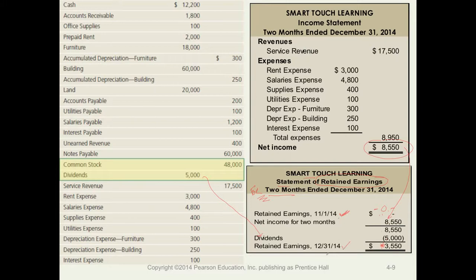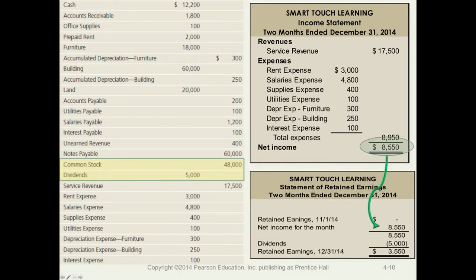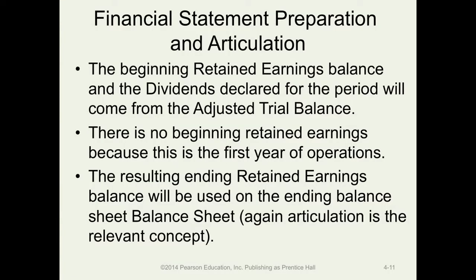The ending balance of December is the beginning balance of the next period. And this simply highlights the articulation, the movement of the net income into the statement of retained earnings.